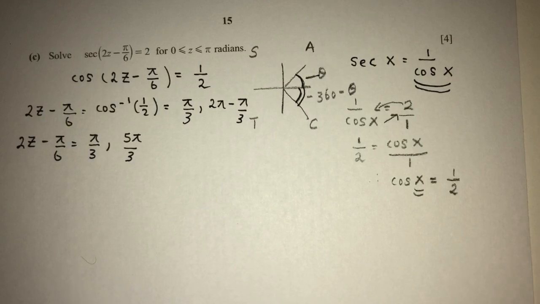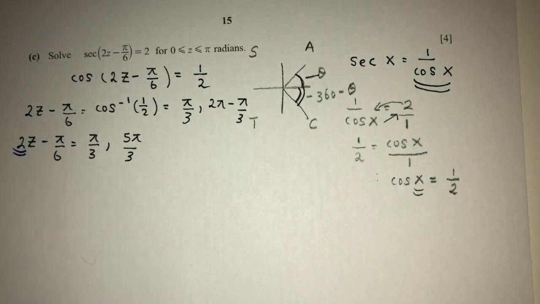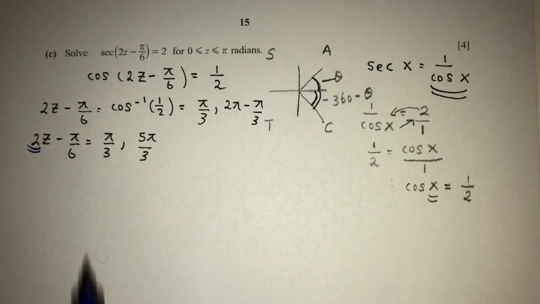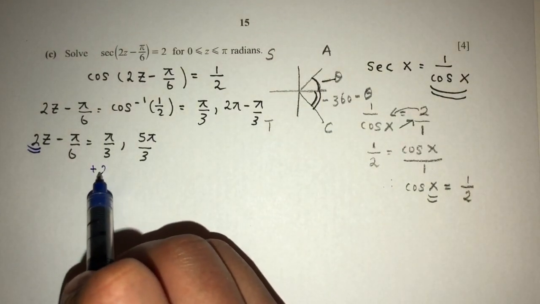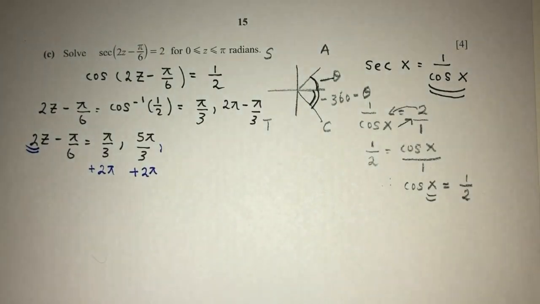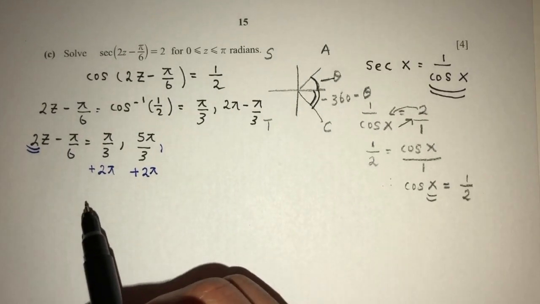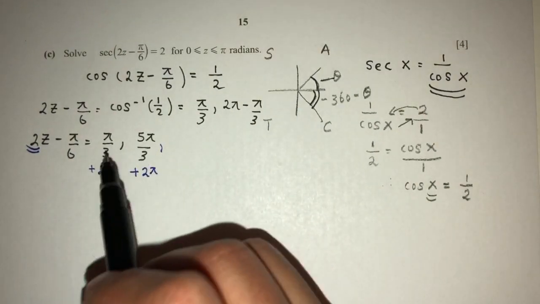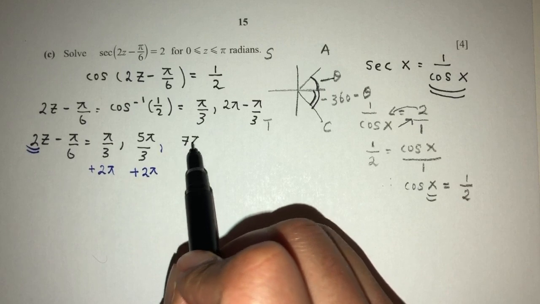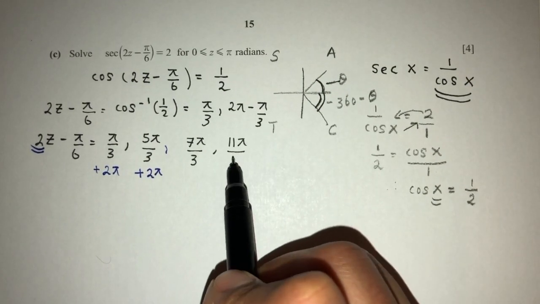Now, because this is 2z, what I advise is, let's add 2 pi to each of those values. Okay, let's see what happens. So, pi by 3 plus 2 pi, that should be what? 6 plus 1 is 7, so 7 pi over 3. And 5 pi over 3 plus 2 pi should be 11 pi over 3.